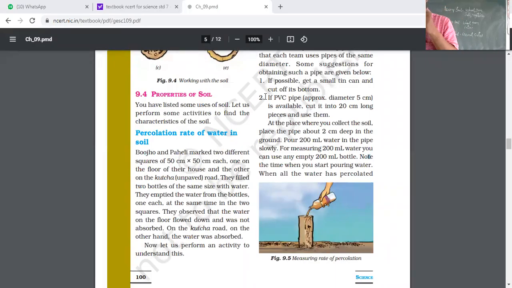Okay, you can see the board, and just yesterday we discussed the properties of the soil.